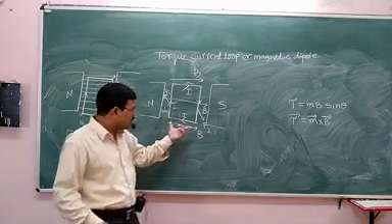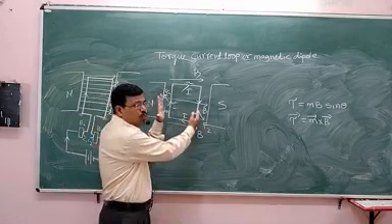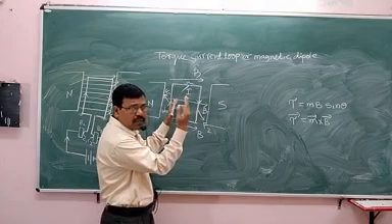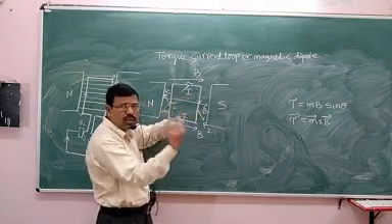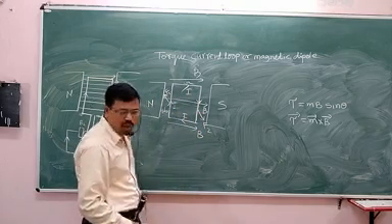Fine. So here is a current loop. It experiences two forces in the opposite direction, that produces a torque. What is torque?